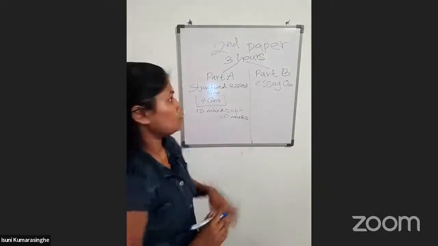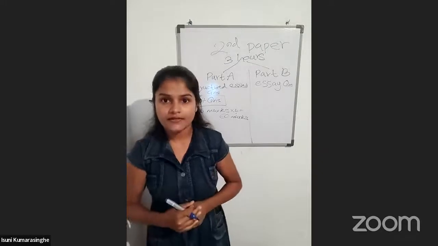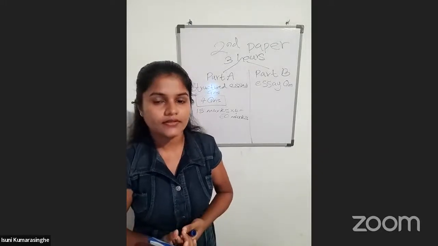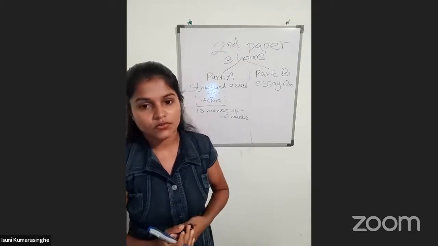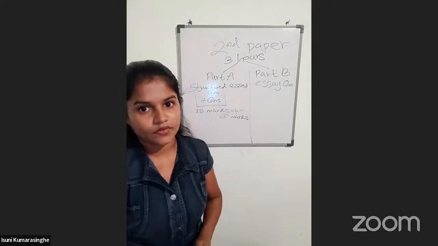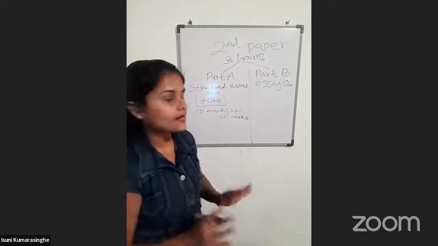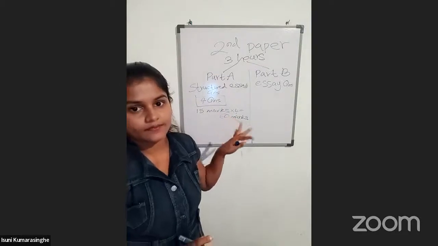Understood? So for the structured essay part, when you study the lessons, you can do the practicals. Consider the practicals more here. All the practical lessons will help you to cover this structured essay part. Understood?